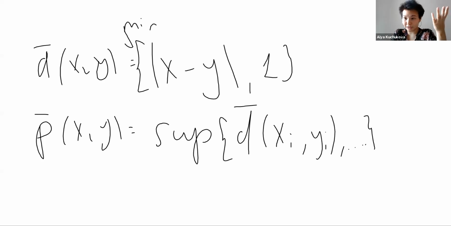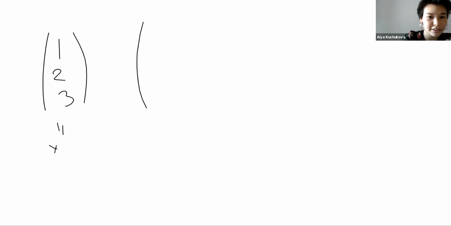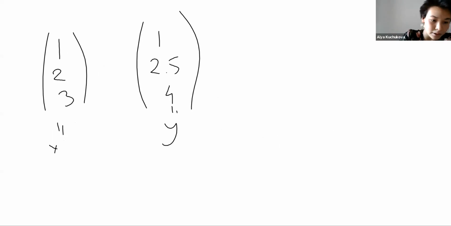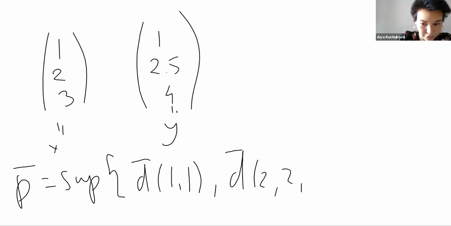To give you a better idea of how that happens, let's look at an example. Say you have a vector 1, 2, 3, which is x, and you have a vector 1, 2.5, 4 as y. Then we define p as the supremum of d bar(1, 1), d bar(2, 2.5), d bar(3, 4), right?